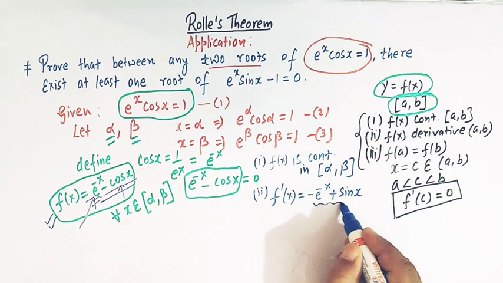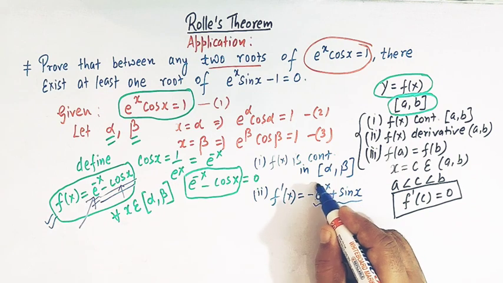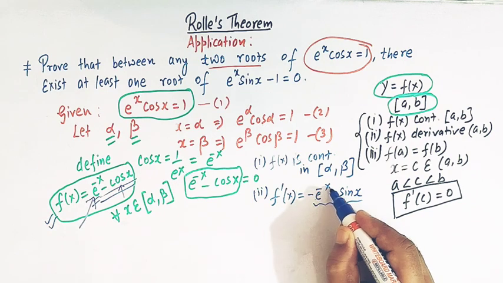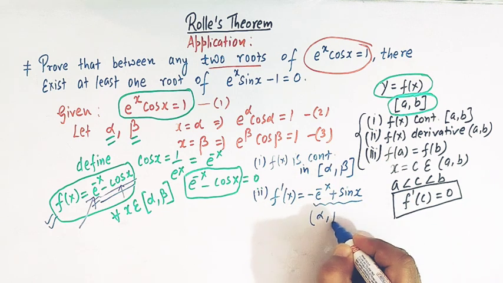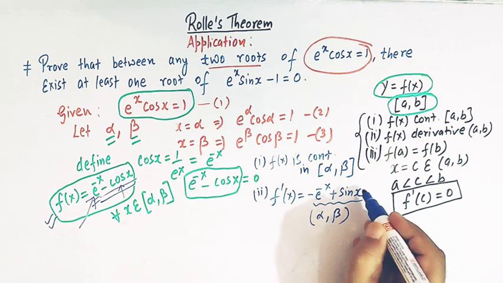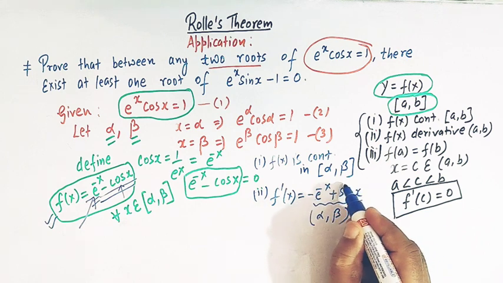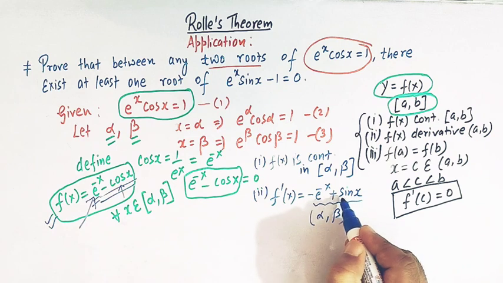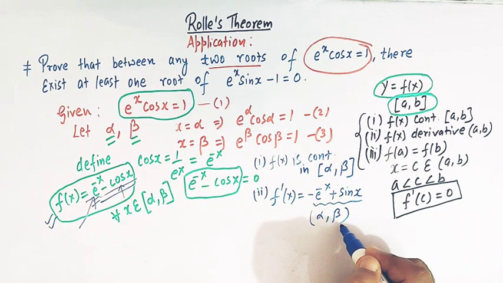And from this expression we can again see that the derivative of e raised to minus x exists at all points in the interval alpha comma beta, and similarly the derivative exists for sine x, that is sine x is defined in the interval alpha comma beta.